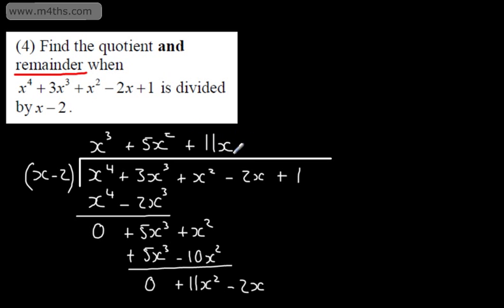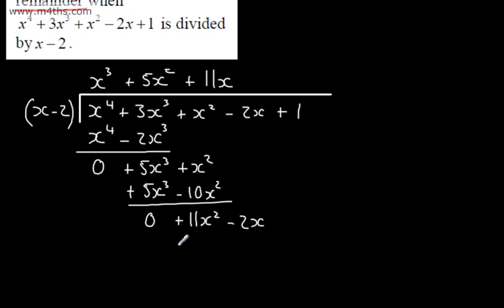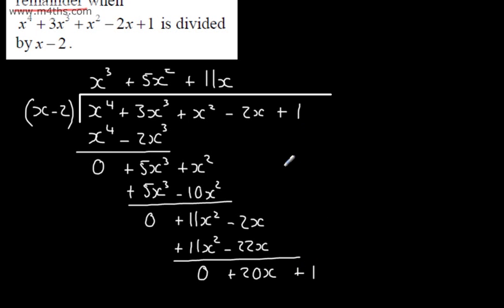We multiply down, and we're going to get, as expected, the plus 11x squared, and 11x multiplied by negative 2 will give us negative 22x. We subtract down, and we end up with plus 20x. Bringing the 1 down, we're going to get plus 1. That's simply bringing the 1 down.